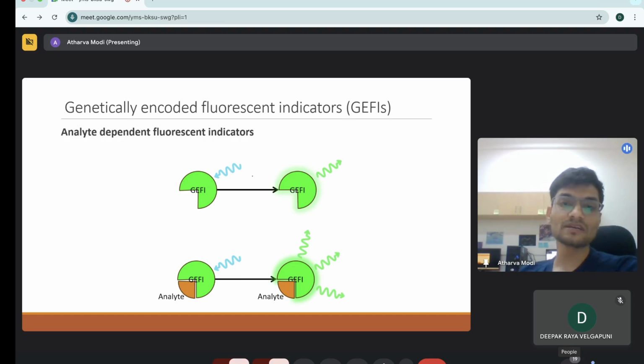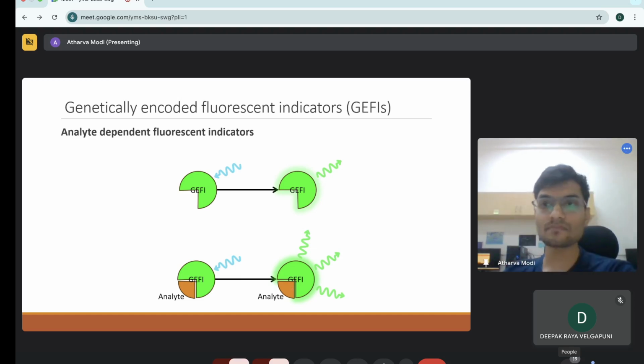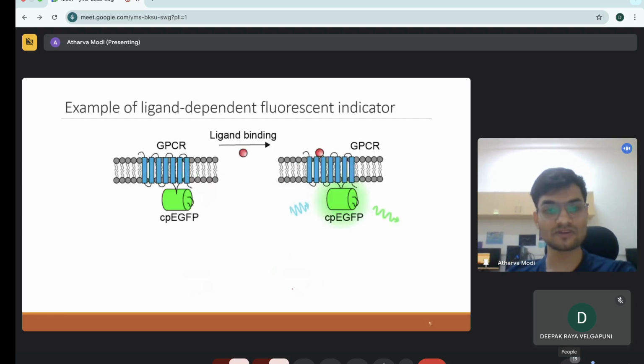So what we are doing is shining the same light and reading the output in the other emission wavelength, and this emission can now serve as a proxy for the concentration of analyte, right? In the presence of analyte, the emission intensity will be much more than in its absence.